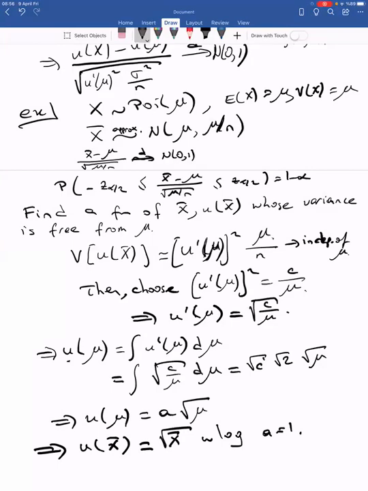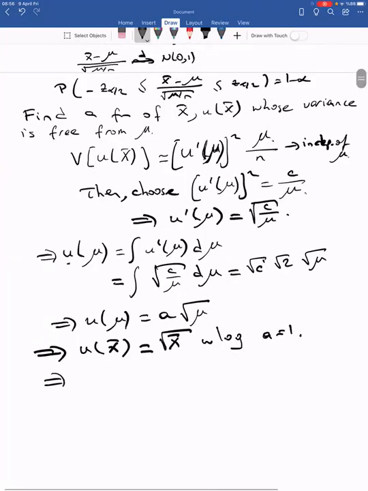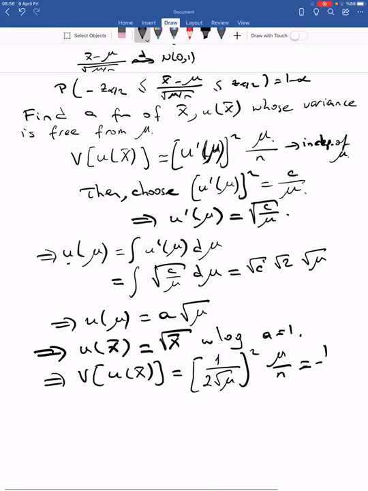So using this transformation and choosing our function like that, we can create an interval. Let's look at it. The variance of u of x bar now will be 1 over 2 square root of mu, whole squared, times mu over n. As you can see, our variance will be like that.